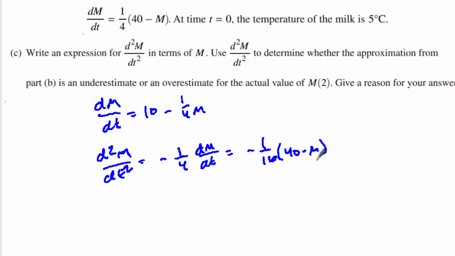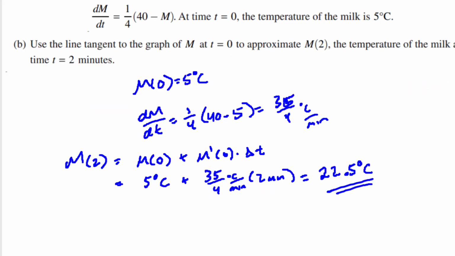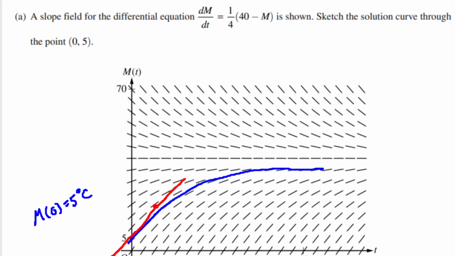I hope you can see your M is always going to be below 40 degrees Celsius, which means your second derivative, d squared M over dt squared, is always going to be less than 0, which means it's concave down. And if we look at my graph, yes, it was concave down.